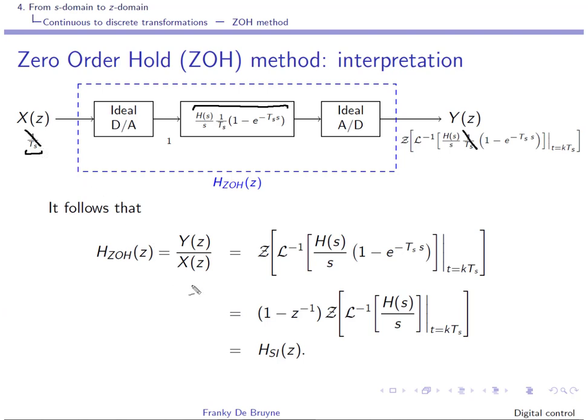So this is a bit annoying to work with this 1 over Ts, for instance, in here. So what we can do is, instead of working with a 1 over Ts here, work with a 1 over here. Of course, then we do not work in discrete time with a unit area impulse, because the height is 1 and the width is Ts.